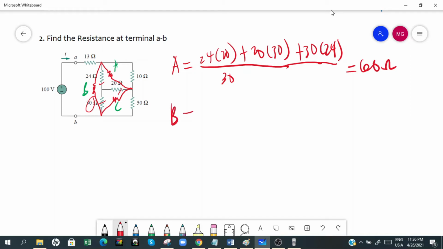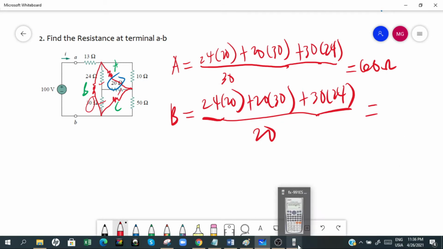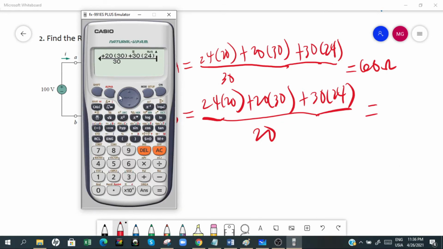Now for letter B, the opposite of B is 20 ohms. So let's just put 20 ohms there. Then we have here 24 times 20 plus 20 times 30 plus 30 times 24. So all we need to do is edit this one, then replace the denominator with 20.